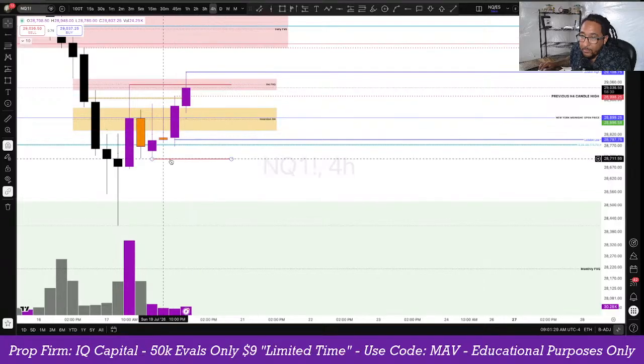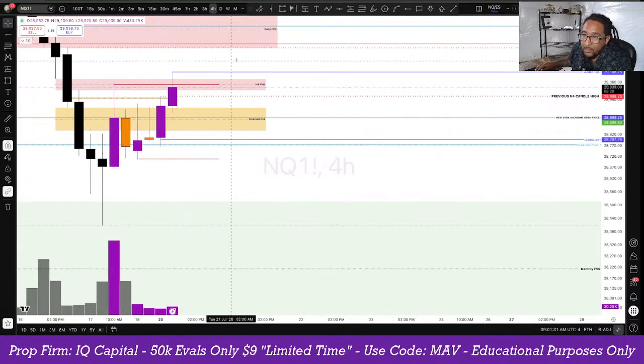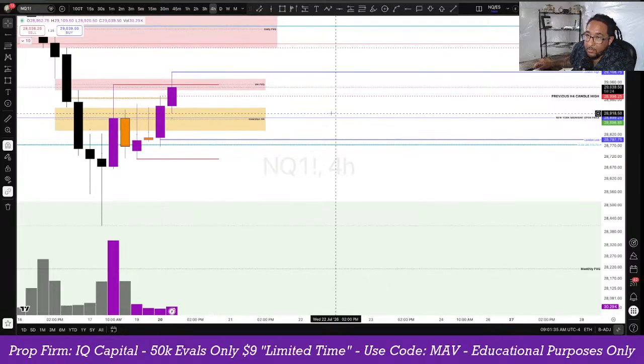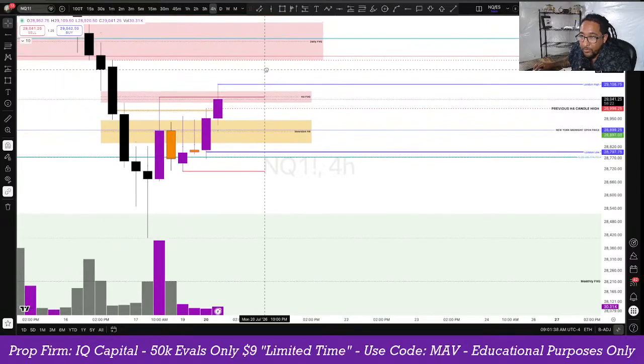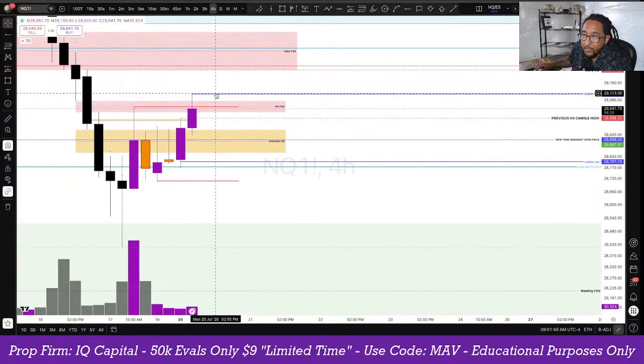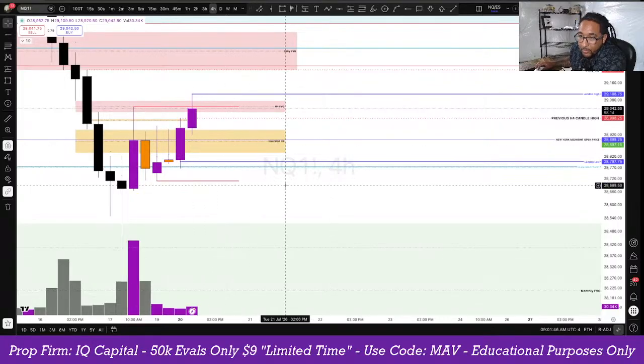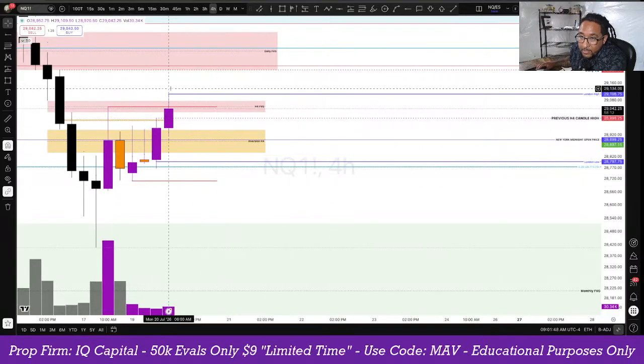Maybe come down, sweep some lows, and then head up towards our draw on liquidity, which is our daily bearish fair value gap. So depending on pre-market, if we manipulate to the downside, that would be good if we're bullish, looking for longs. Manipulate to the downside, sweep some of these lows here.